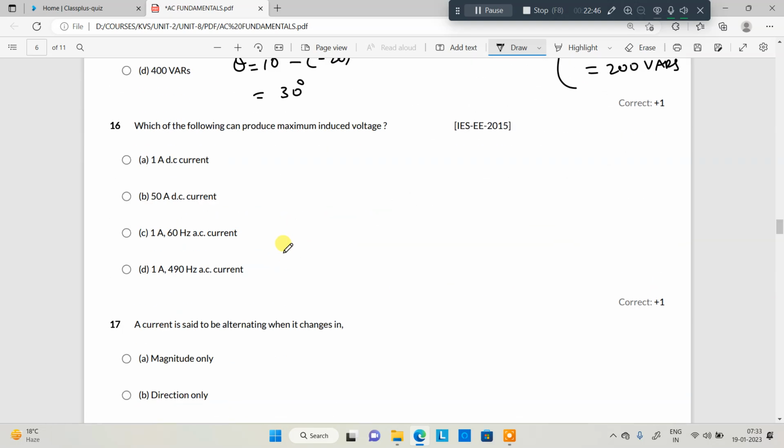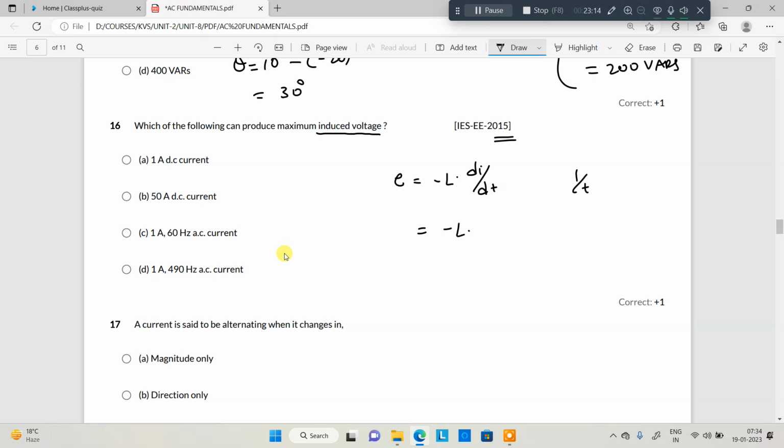Okay. Next, question number 16. Which of the following can produce the maximum induced voltage? This is a question from the 2015 IES exam question paper. You know, the formula for induced EMF is E is equal to minus L into di by dt. From that, 1 by t is nothing but the frequency.